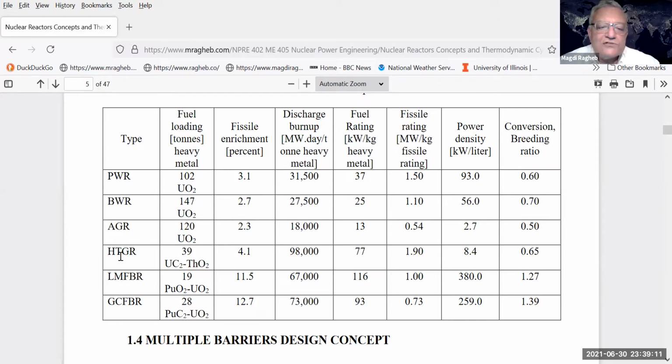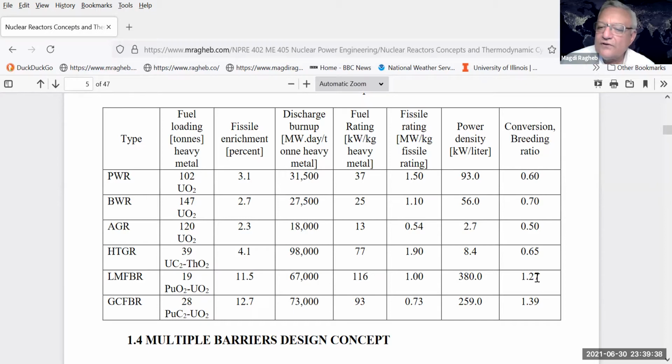The high temperature gas-cooled reactors have been associated with the use of thorium as a fuel. In that case, you use the thorium, you absorb a neutron into it, and it converts into the uranium-235 isotope. You can also breed with thorium, but existing designs, at least for the PWR, BWR, and high temperature gas-cooled reactor, do not breed.